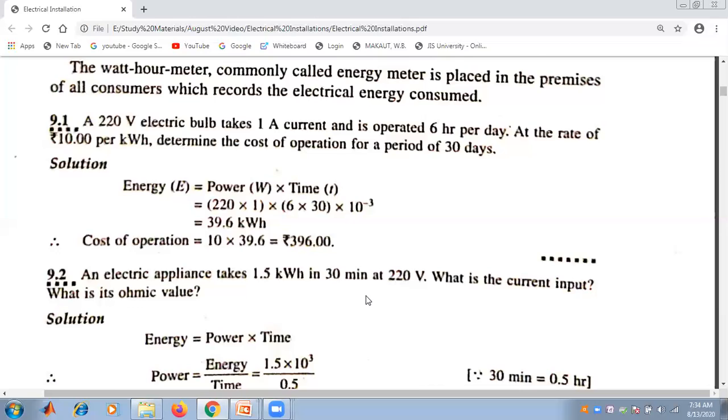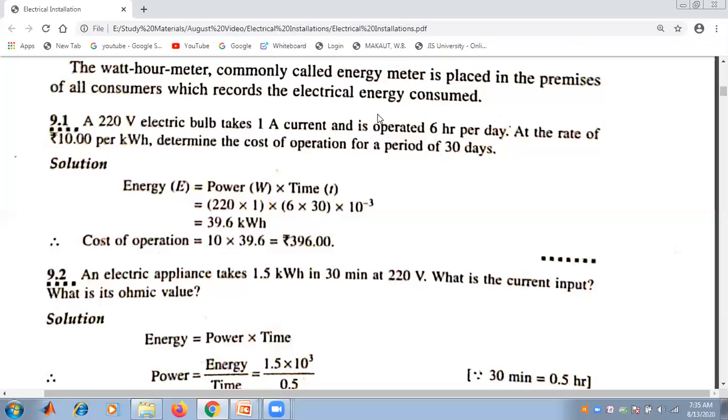So, the energy consumed is given by the multiplication of power and time. Power is V into I, that is 220 into 1. And the time is given: it is operated 6 hours per day for 30 days.